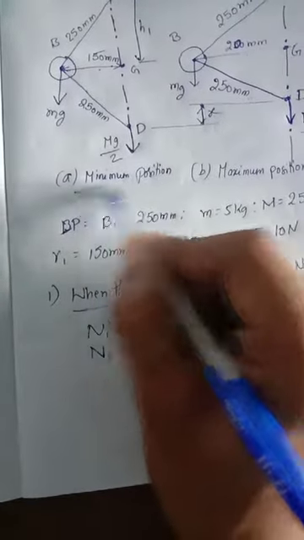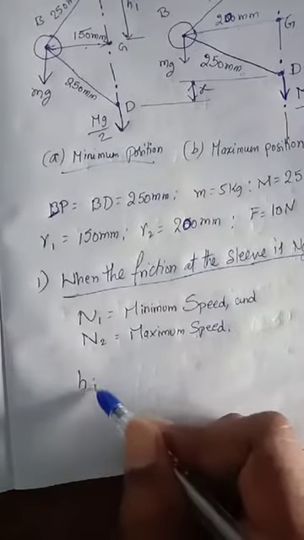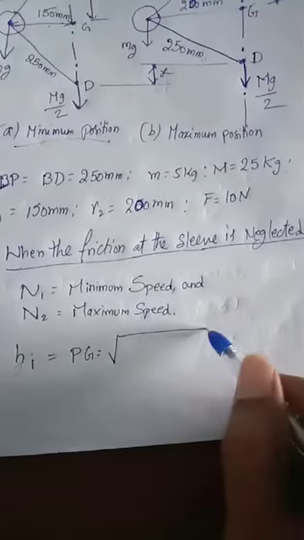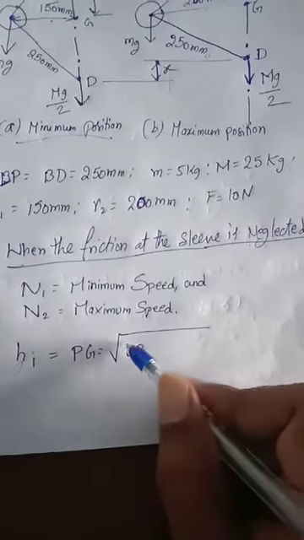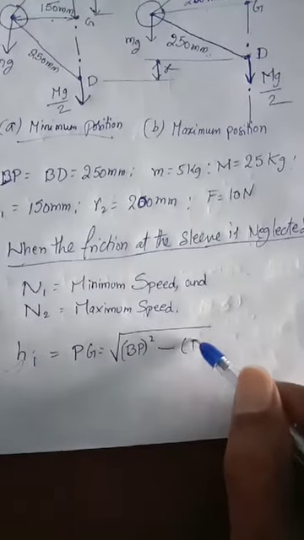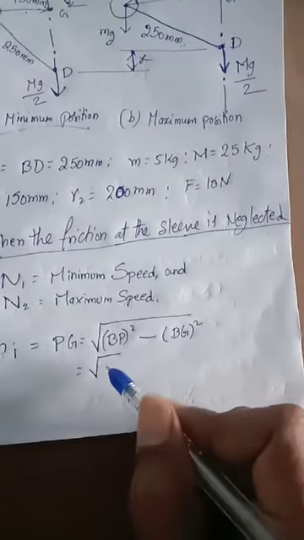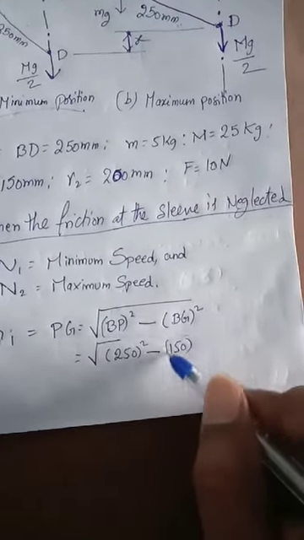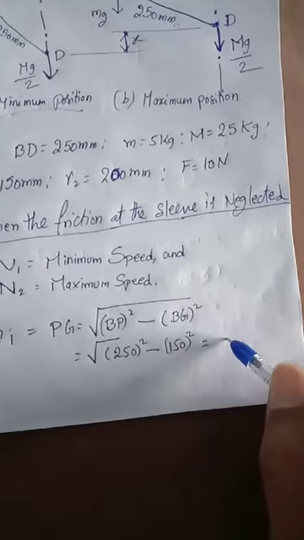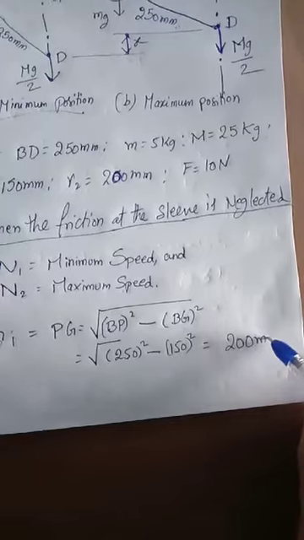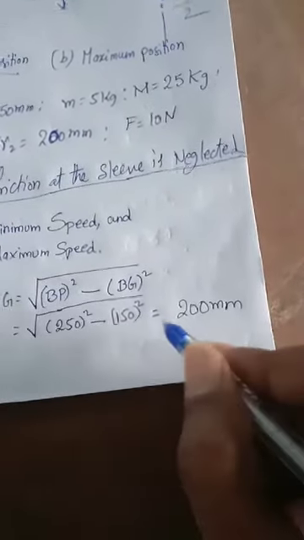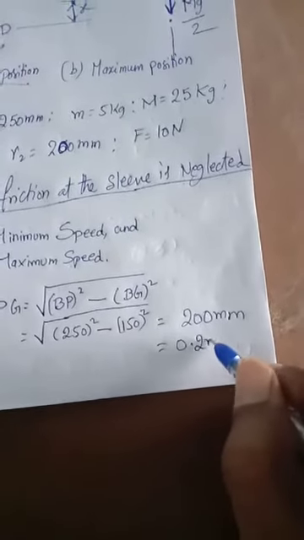So here we take the minimum position. I am going to write h1 is equal to PG, which is the square root of BP squared minus BG squared. Substituting these values, that is equal to 200 mm, which we convert into meters, 0.2 meter.